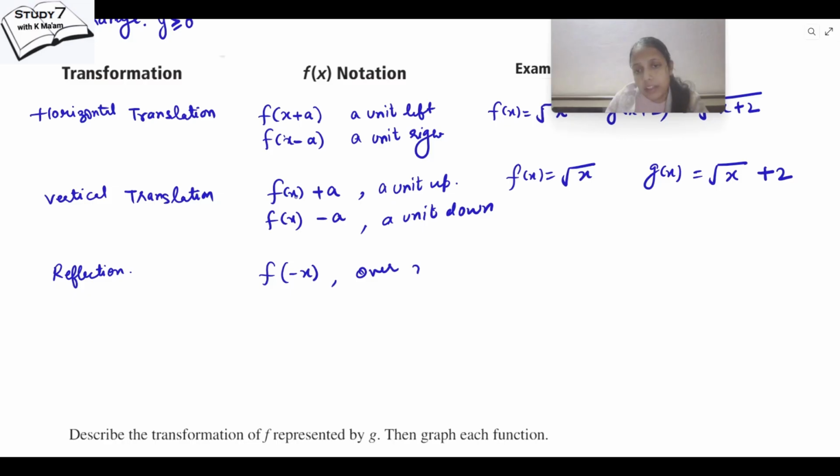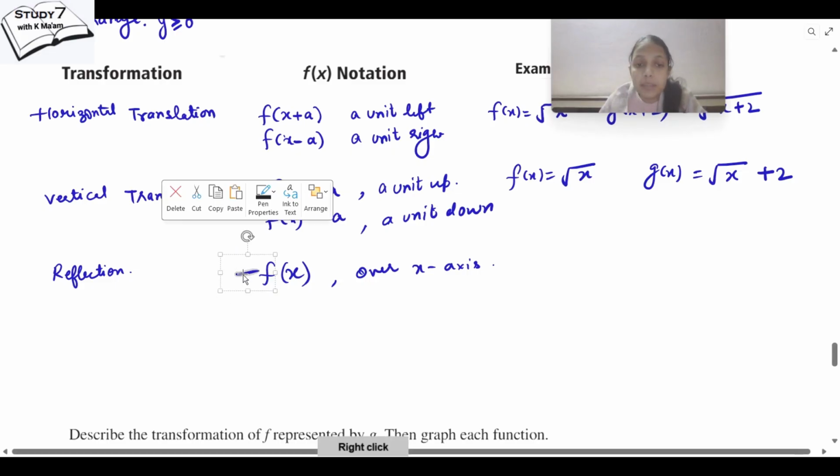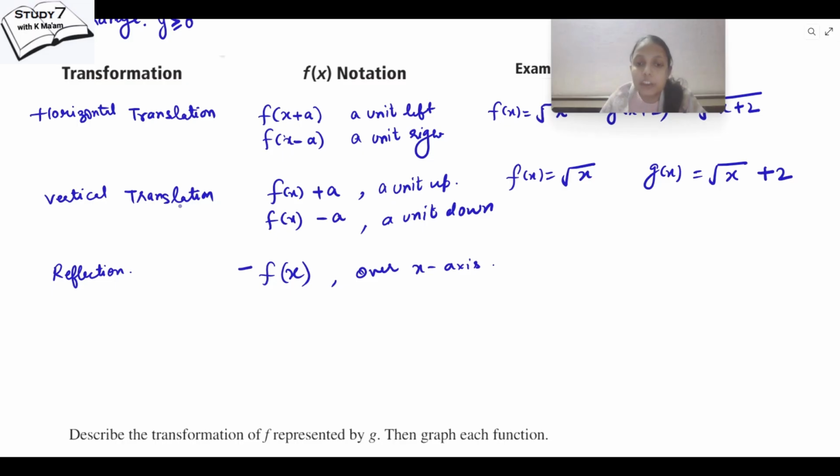Here, if a negative sign is multiplied by the complete function, then it is a reflection over the x-axis. If only x changes sign, x changed to negative x, then it is a reflection over the y-axis.